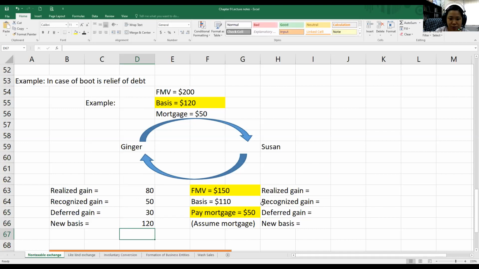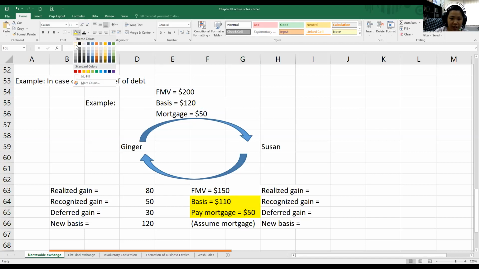Now let's look at Susan. Susan sacrificed an asset that has basis of 110, and she also has to pay $50 of debt so that she can get a fair market value of 200.